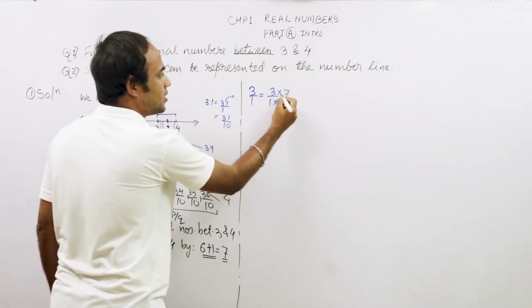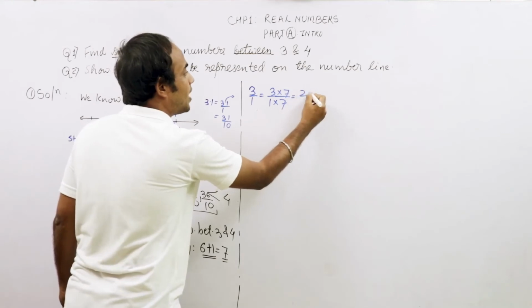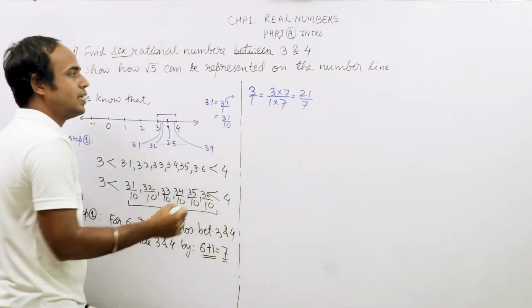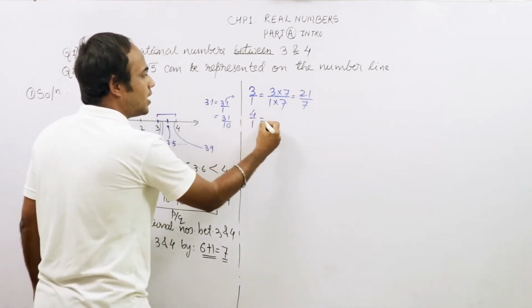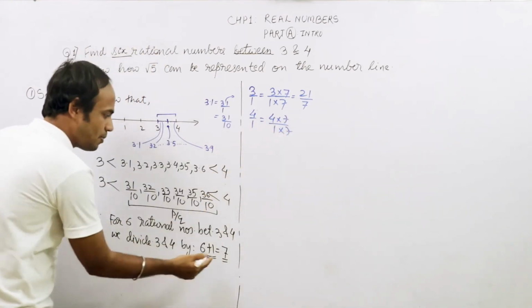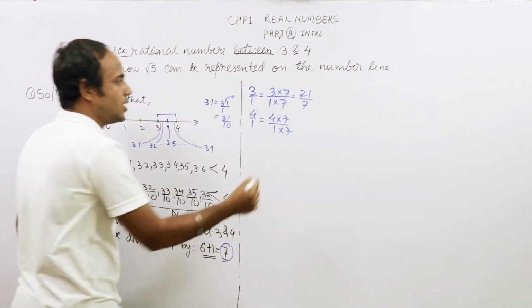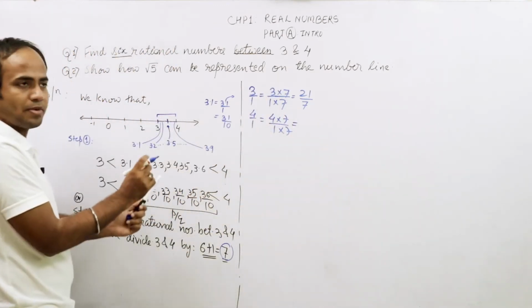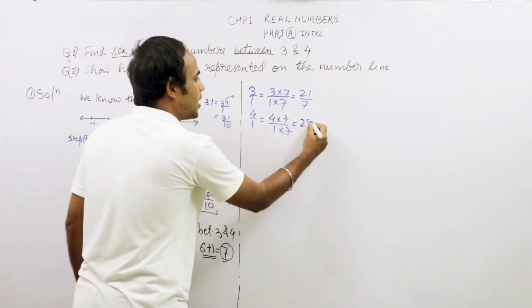So this is 21 by 7. Similarly, 4 by 1 is nothing but 4 into 7 upon 1 into 7. Divide and multiply by 7. This is what I wanted to tell actually. Earlier, that was my mistake. I rectified it. So that is 28 by 7.